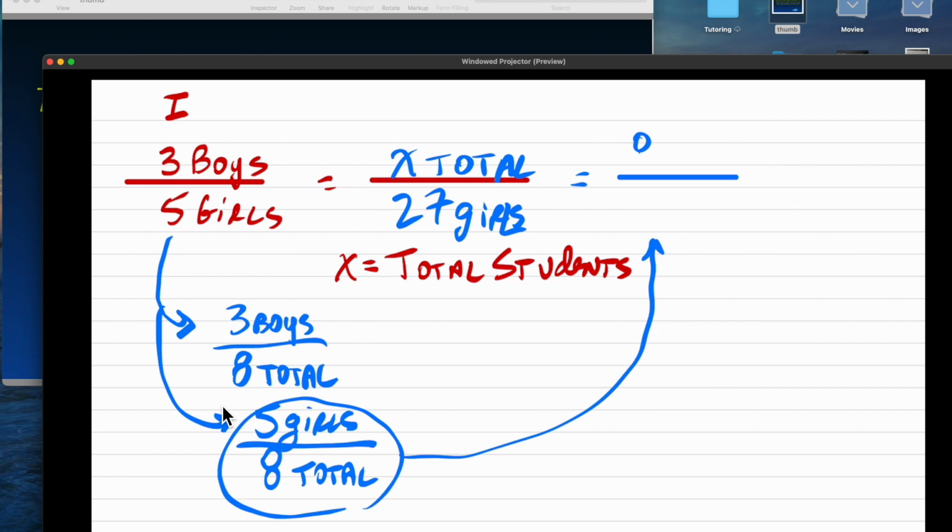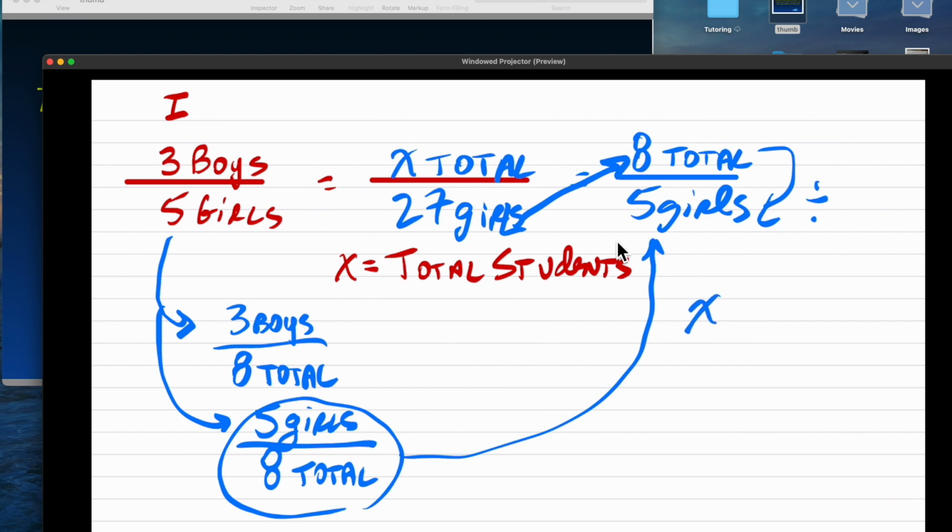We know that 8 total goes up here for every 5 girls. And we're going to take our calculator and do 27 times 8 divided by 5. This times that divided by that. And our answer is that x equals a total of 72 students.